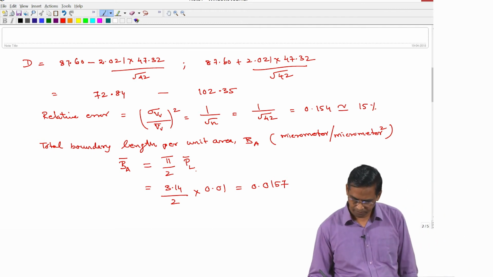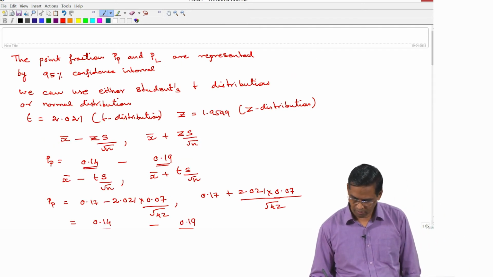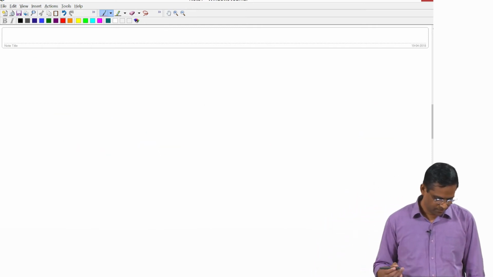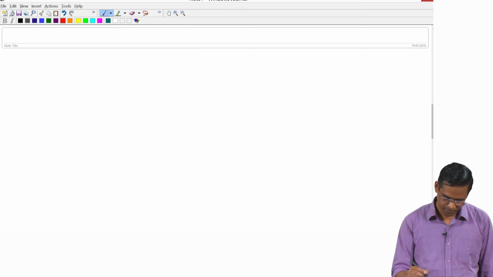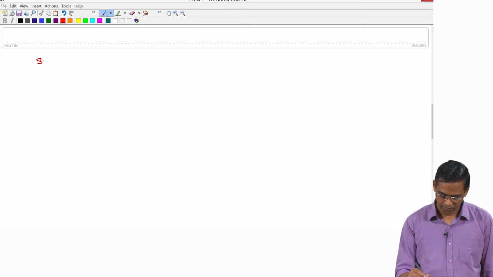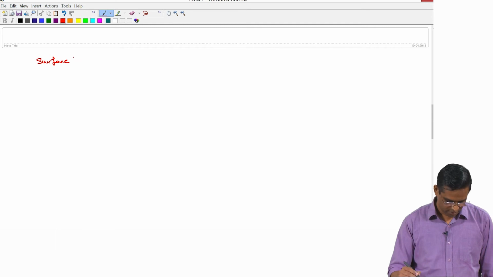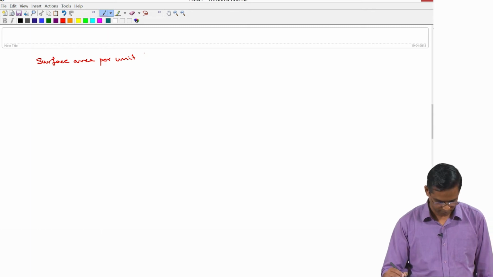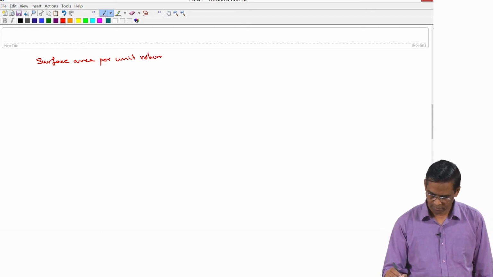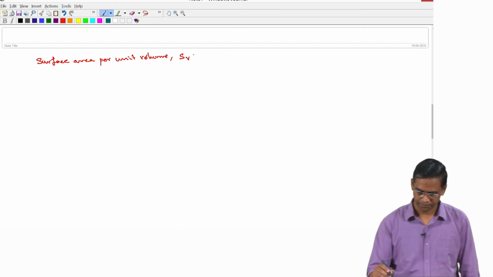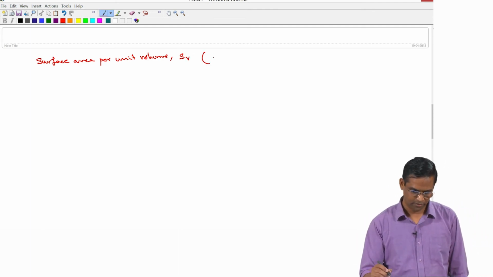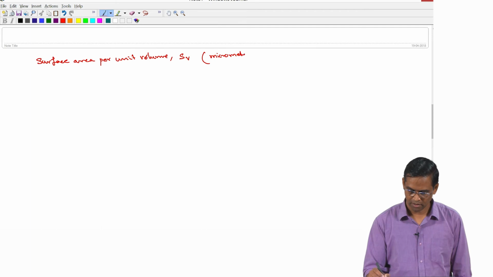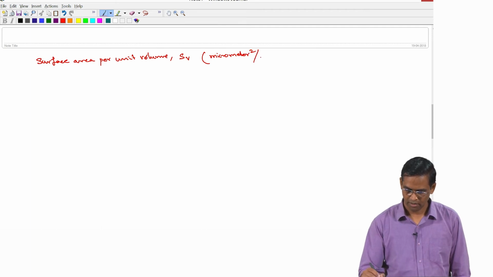The other parameter we are planning to estimate using this PP and PL is surface area per unit volume. This is SV, and here the units are micrometer square by micrometer cube.